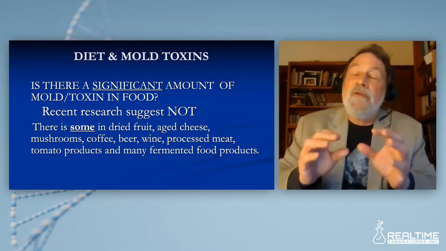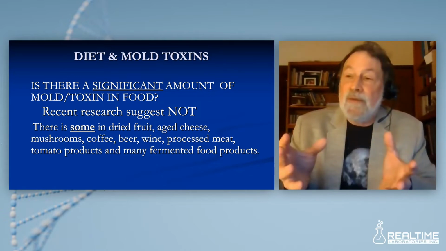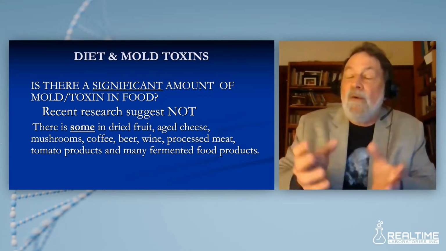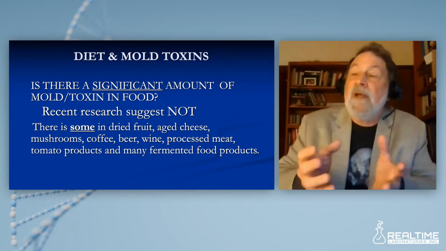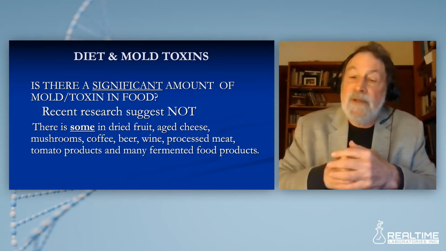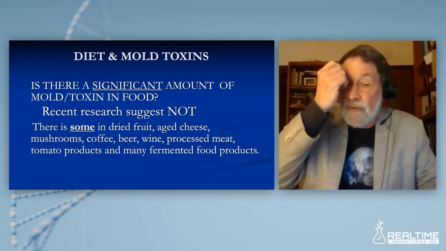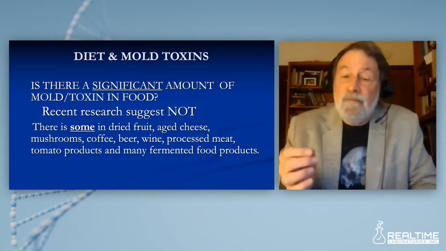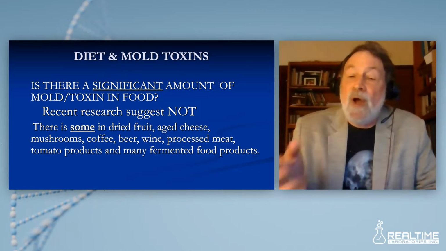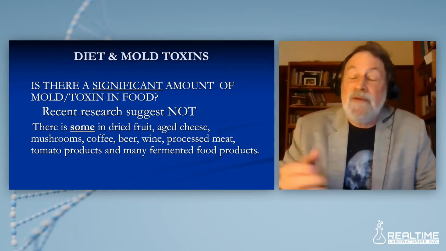Yes, you will note that there are studies in the medical literature which show outbreaks of mold toxicity when food has been stored poorly, or in peanuts made into peanut butter, or in grains stored in silos. There are outbreaks, but I don't believe that in the vast majority of people who have mold toxicity it comes from food. There is some in dried fruit, aged cheese, mushrooms, coffee, beer, wine, processed meat, tomato, fermented food products.